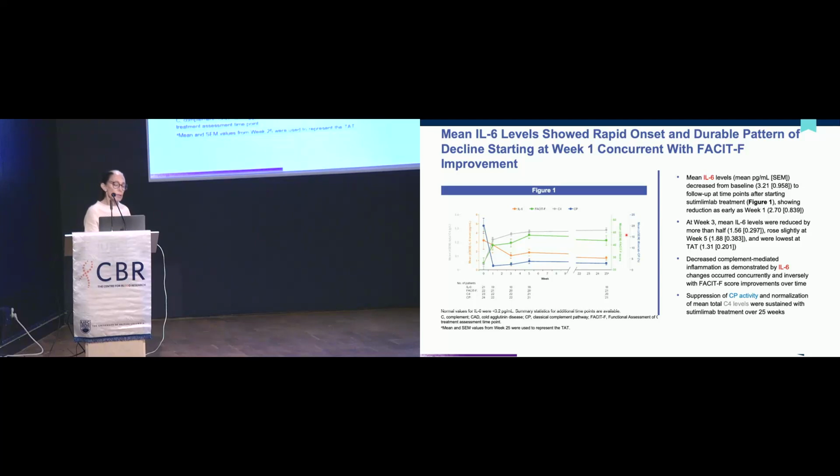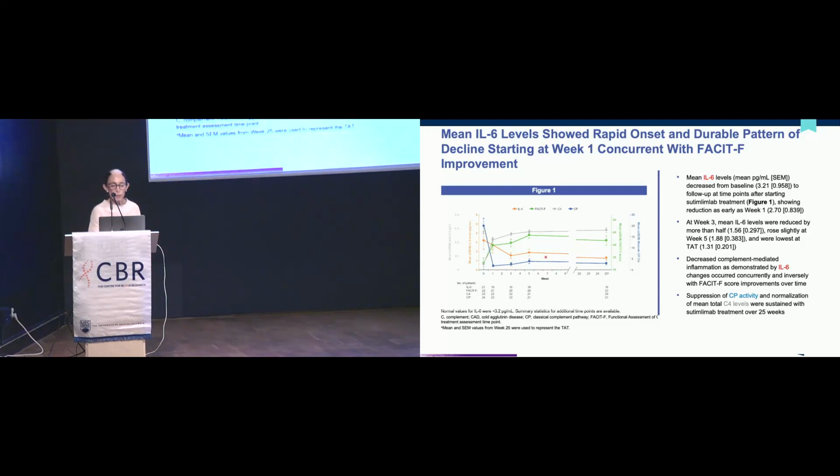The other interesting thing is if you look at IL-6 as a marker of inflammation, an inflammatory cytokine, you could see a decrease in the IL-6 by week 1. That's in the red, okay? Goes down starting at week 1, and once it's down, it stays down.